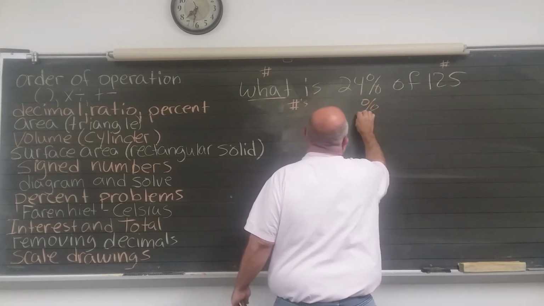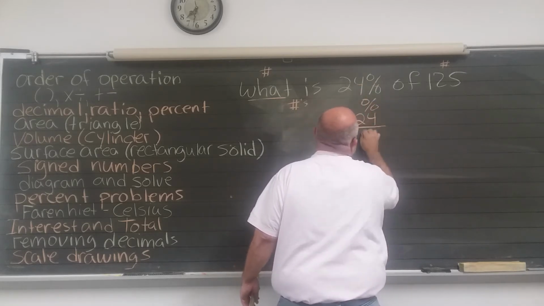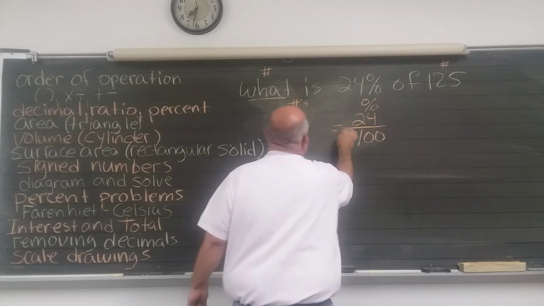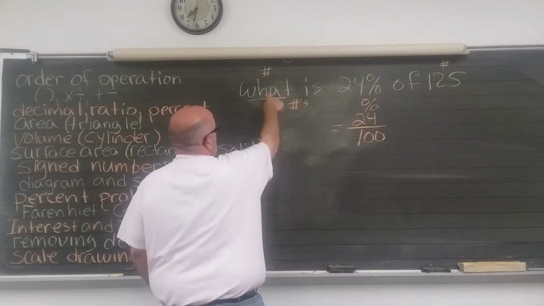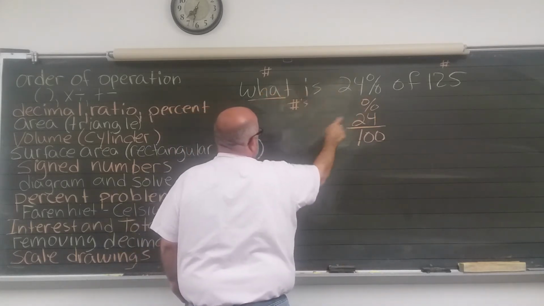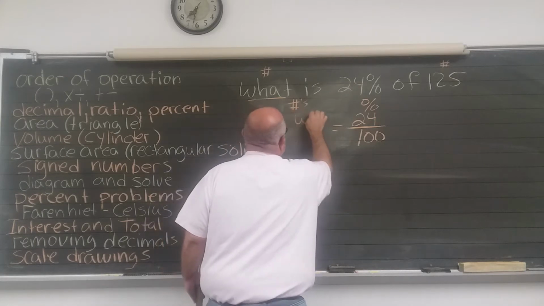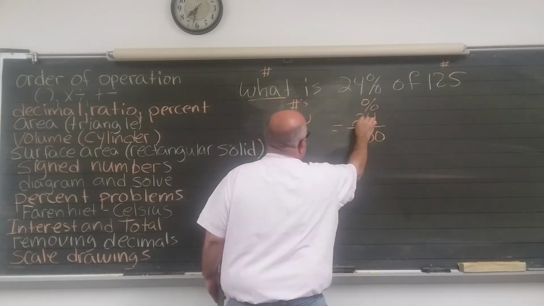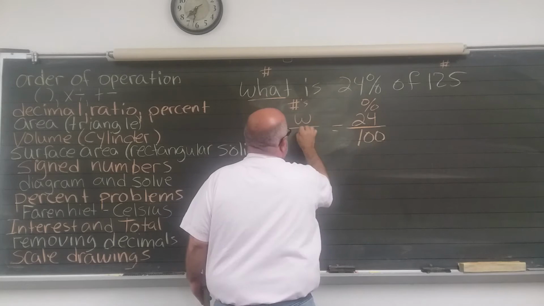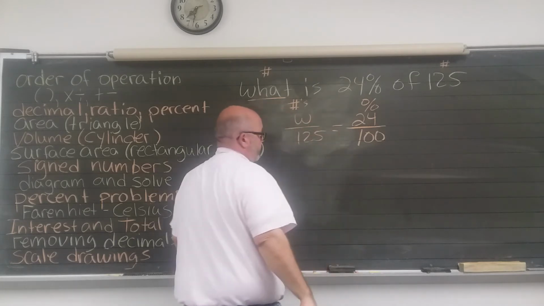Percent is always over what? 24 over 100, right? The numbers are what is, what, W, what is 24% of 125.